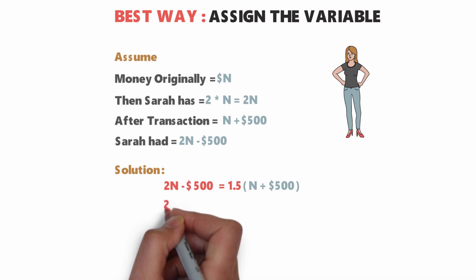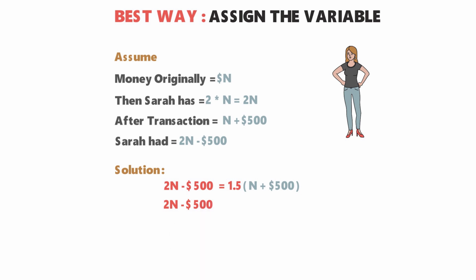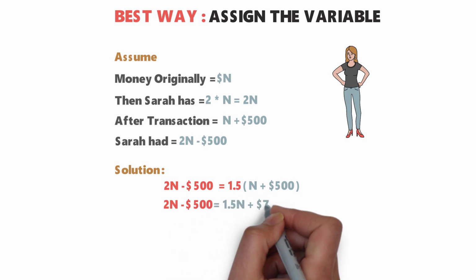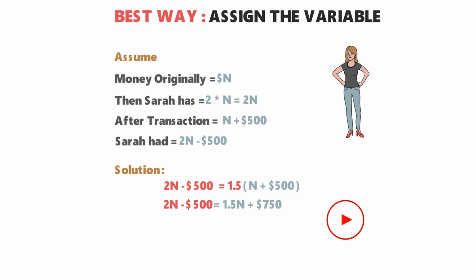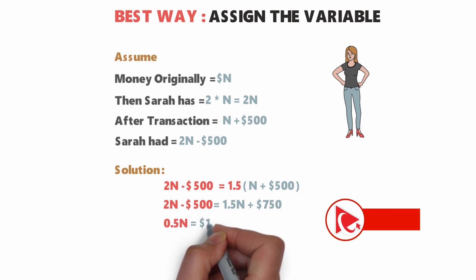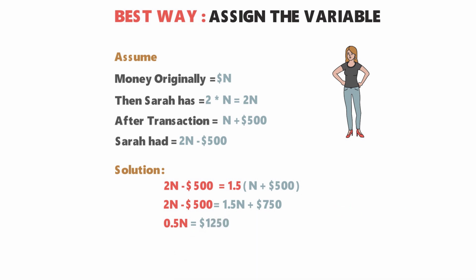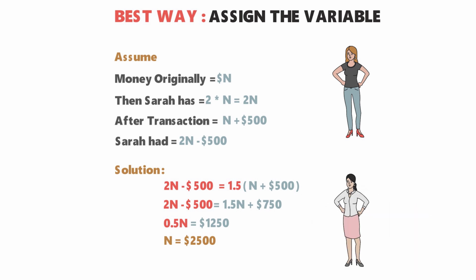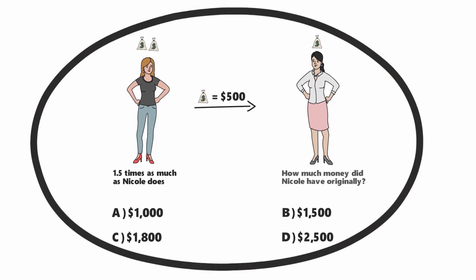We will get to the result of 2N minus $500 equals 1.5N plus $750, which means that 0.5N equals $1,250. After the calculation, we can see that N equals $2,500, which means Nicole originally had $2,500. So the correct choice here is choice D.